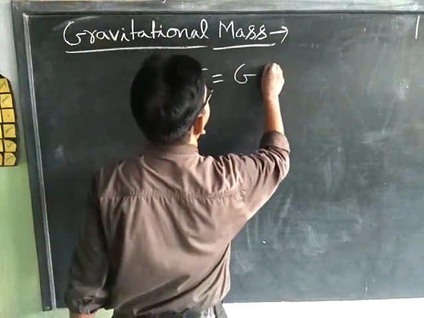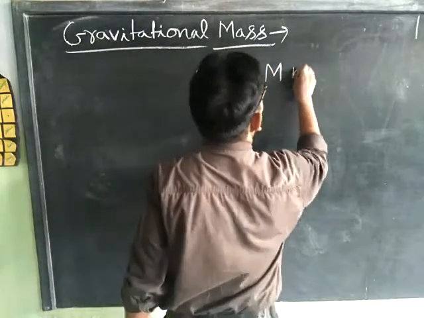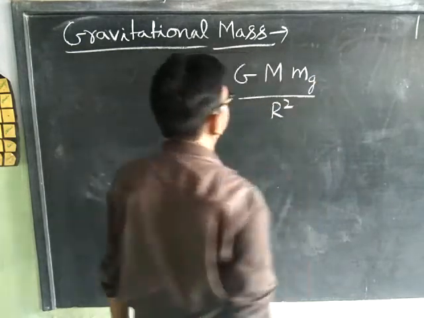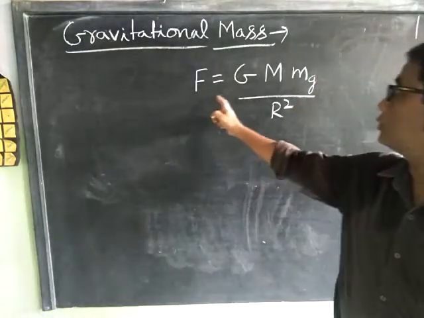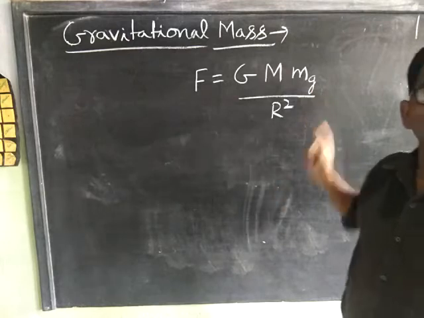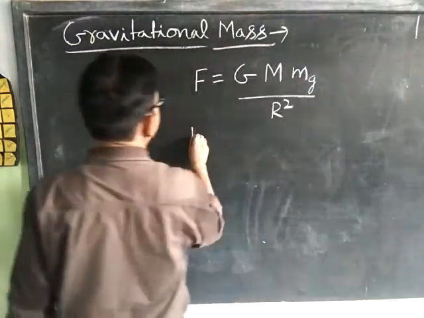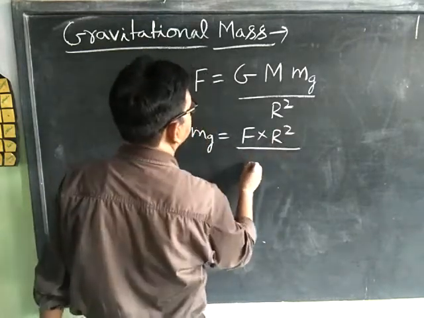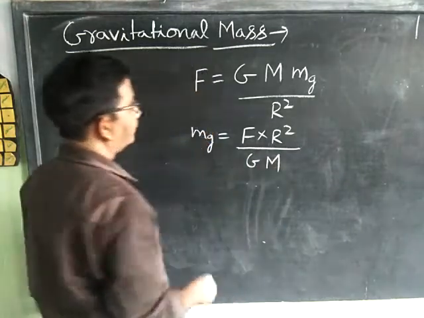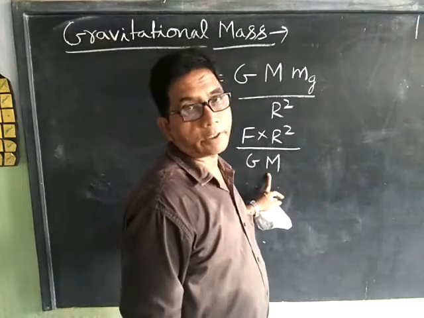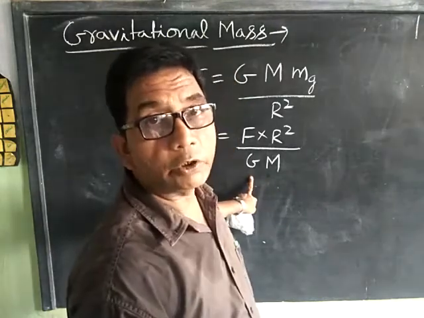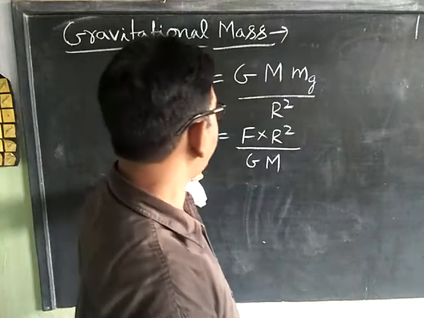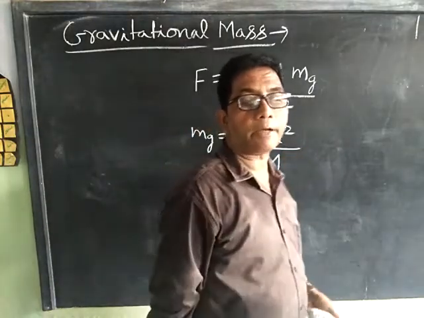F is equal to G M mg upon R square. From here, mg is equal to F into R square upon G M. Capital M is the mass of earth, capital G is the universal gravitational constant, F is force, mg is the gravitational mass, and capital R is the radius of earth.